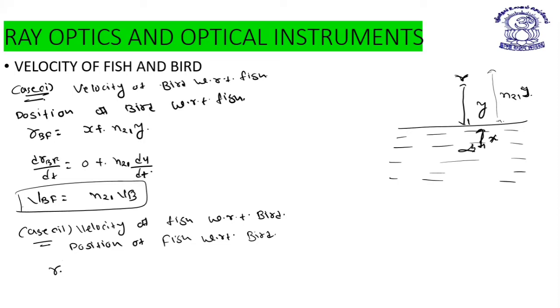So RFB is this much depth y plus this depth, which will be equal to N12 into x.